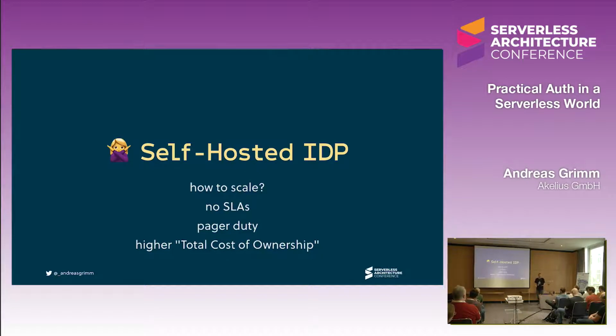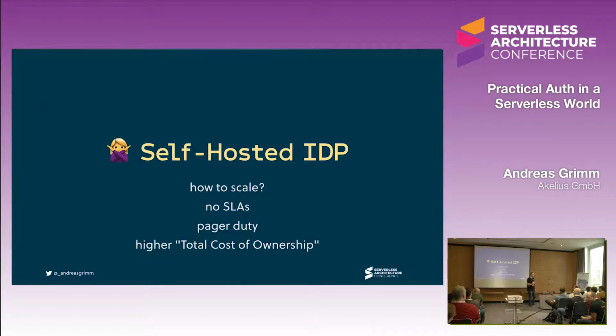So again, we have the problem of how would we scale, if we would need to scale, and we don't have SLAs that if anything happens, we are responsible because we installed it, right? And just imagine the PagerDuty for a service like this.